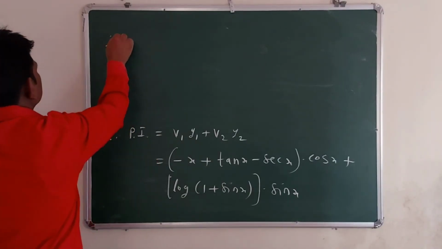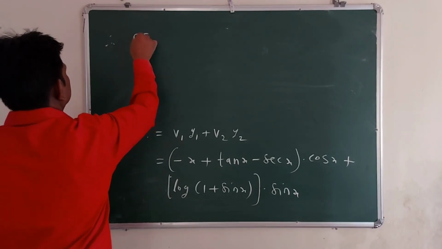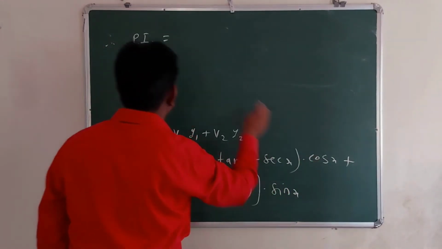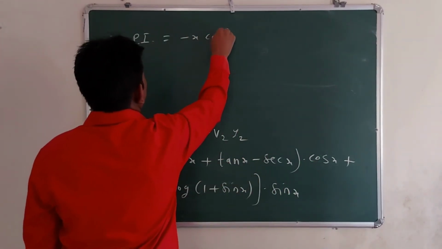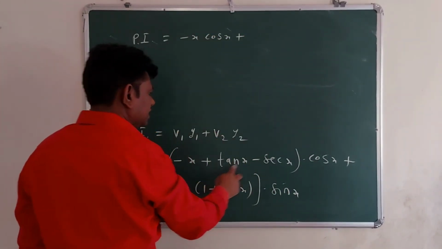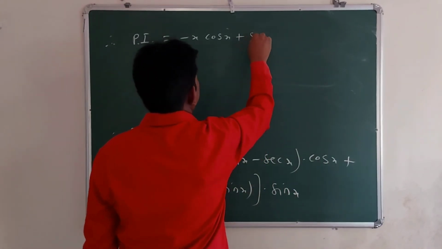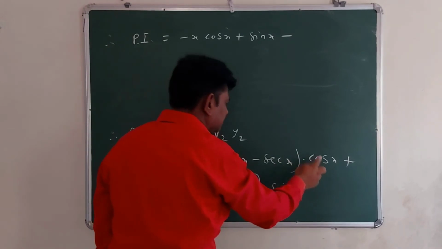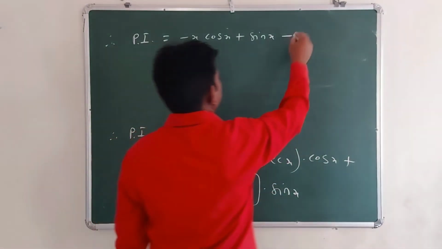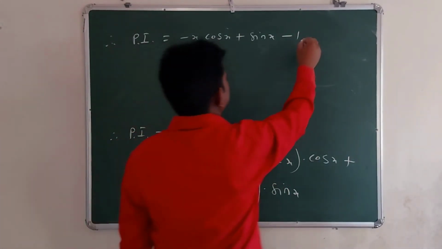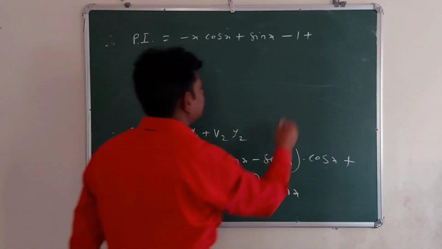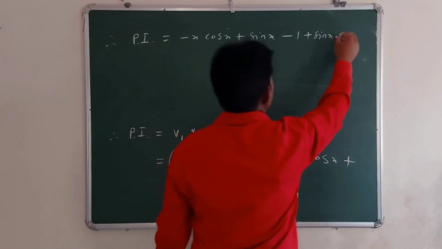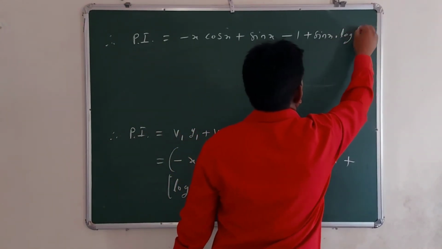So therefore PI, the particular integral, is equal to minus x times cos x plus tan x times cos x, which means sin x, minus sec x into cos x, the answer is minus 1, plus this sin x times log of 1 plus sin x.